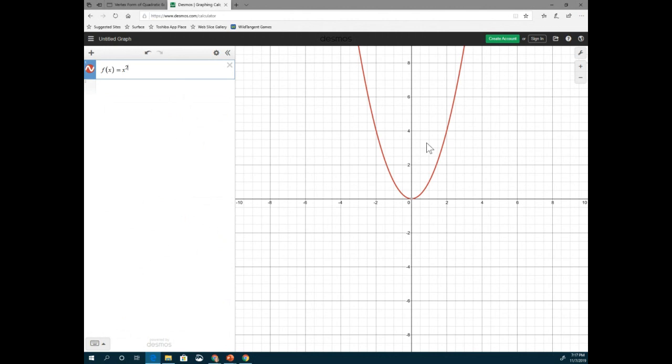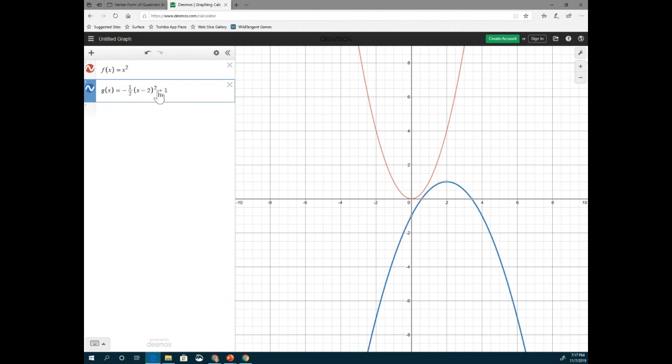So this is what the parent function looks like. Our function, I'll call g of x, but it doesn't matter. So I have a -1/2, and then parenthesis x minus 2 squared plus 1.